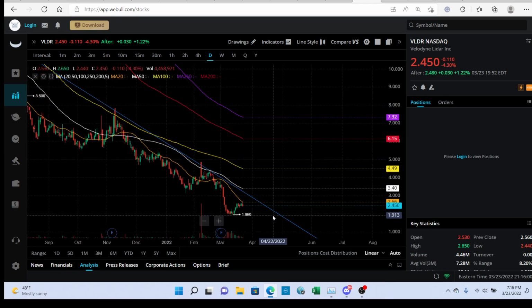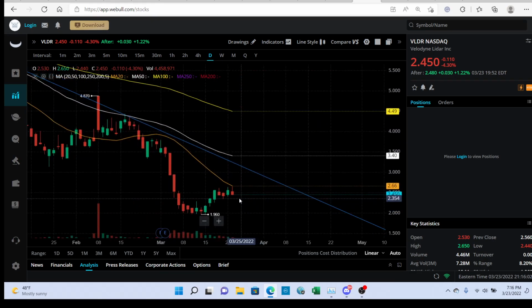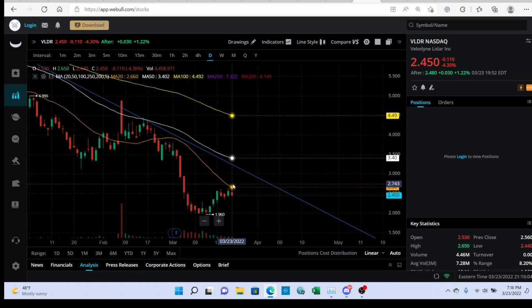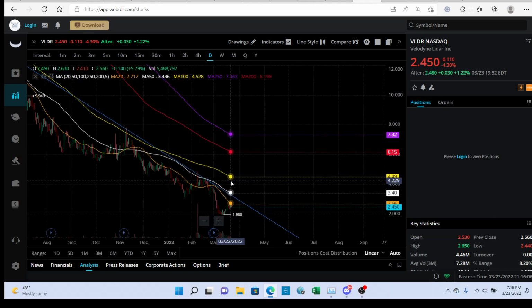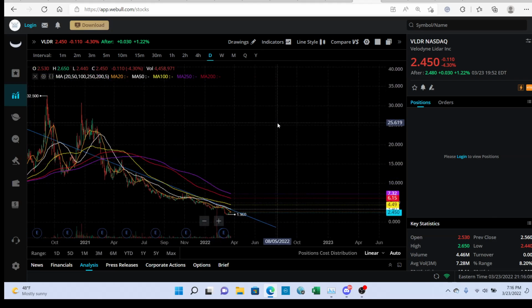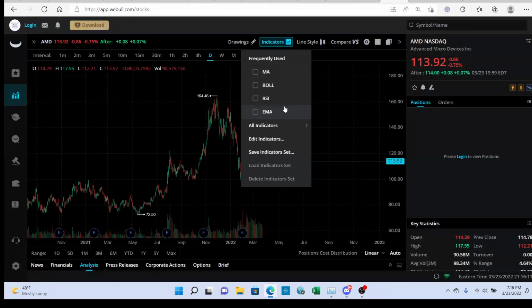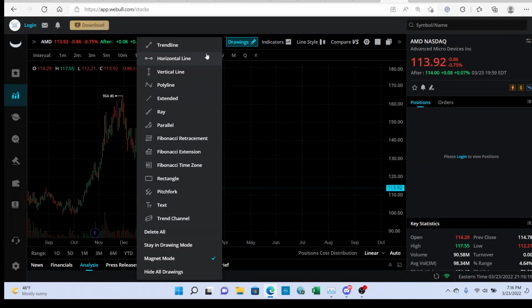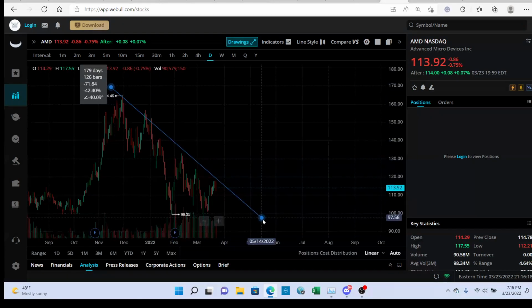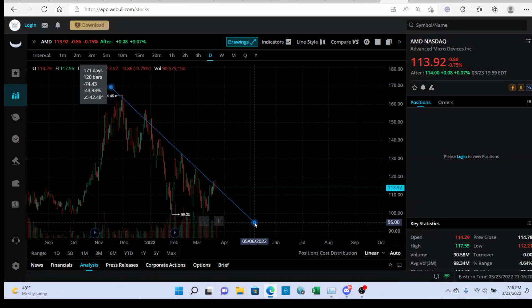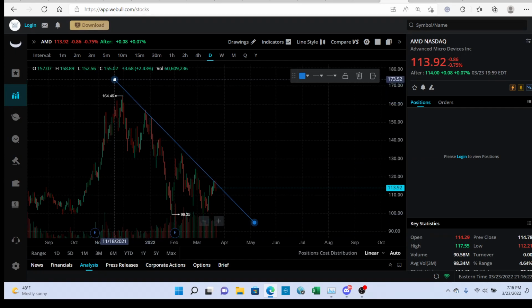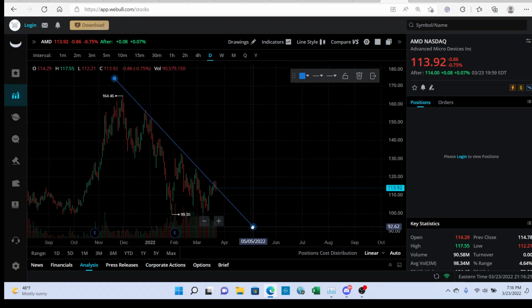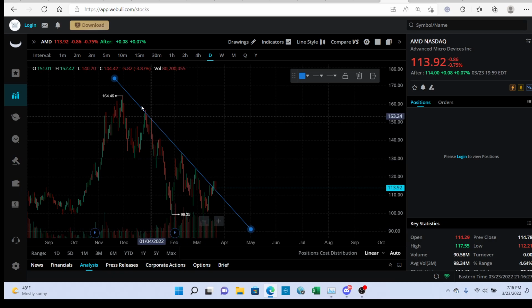So yeah, we're below all the moving averages, and we're even rejecting the 20-day right here. So highly, highly bearish, in my opinion. Probably the most bearish out of all the ones we've looked at. AMD, I can see a pretty clear downtrend here. Yeah, right there.